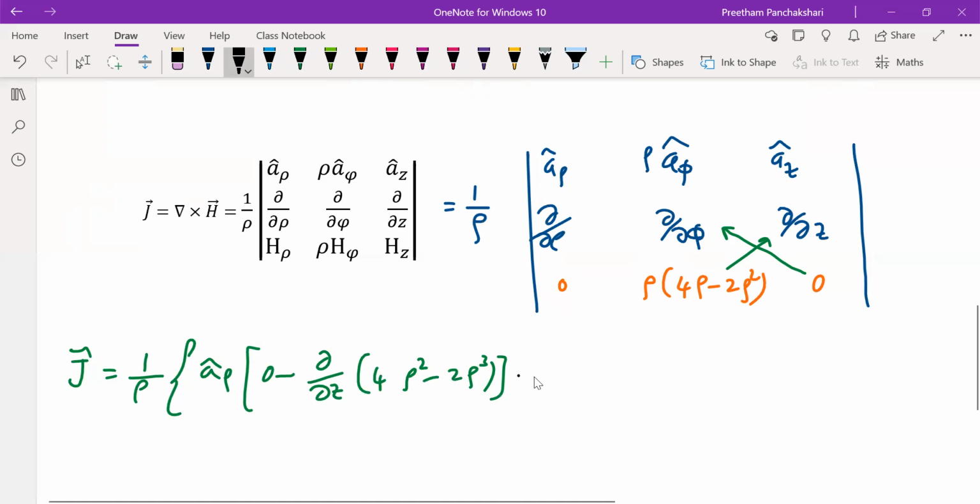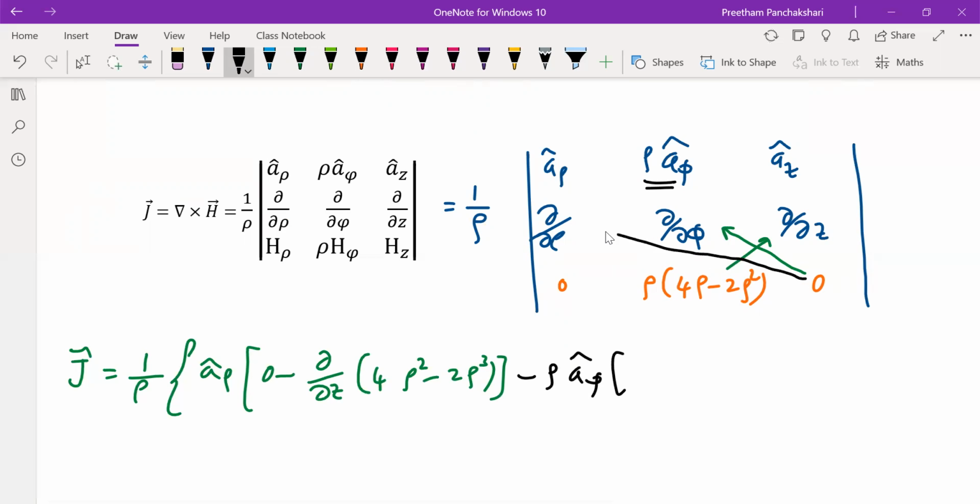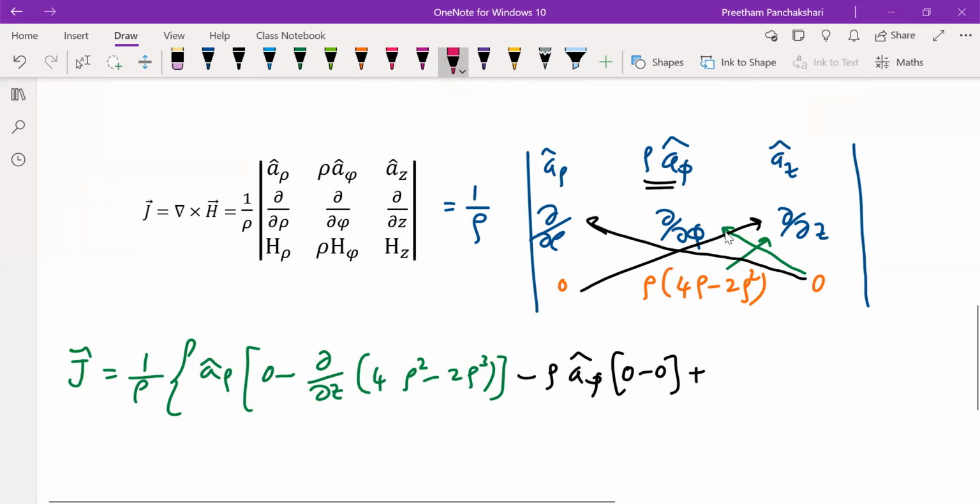Now we shall go for the phi component, that is rho into a cap phi, which is given by the multiplication of these two terms and this one. So both of them are 0. Then lastly, we'll be having the z component, that is the multiplication of these two terms.